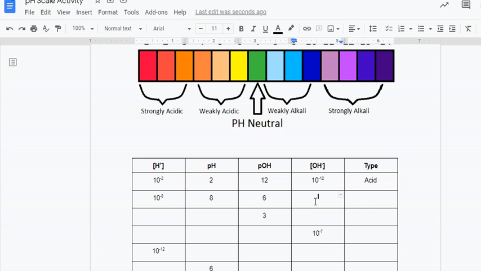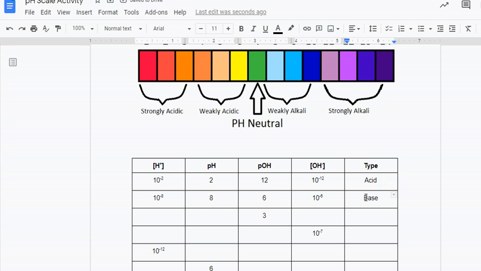This one is going to be 10, and of course, I'm going to raise that to the minus 6. So 6 there, just make it 10 to the minus 6. Now what kind of solution is this? 8. I come over here. Okay, 8 is going to be my weakly alkali. So this is pH 7. This one is pH 8. So I'm going to label this one as a base.